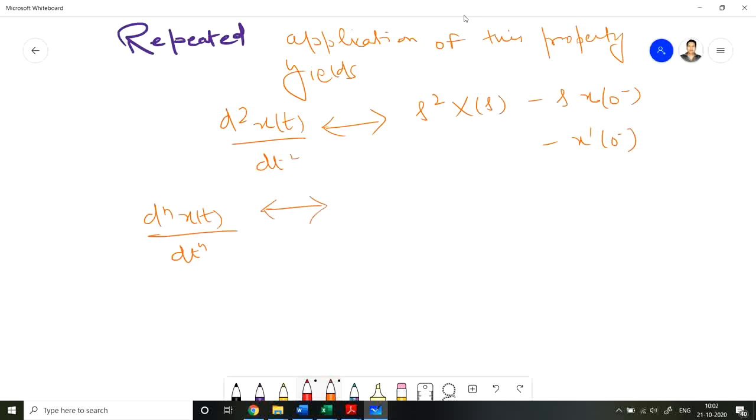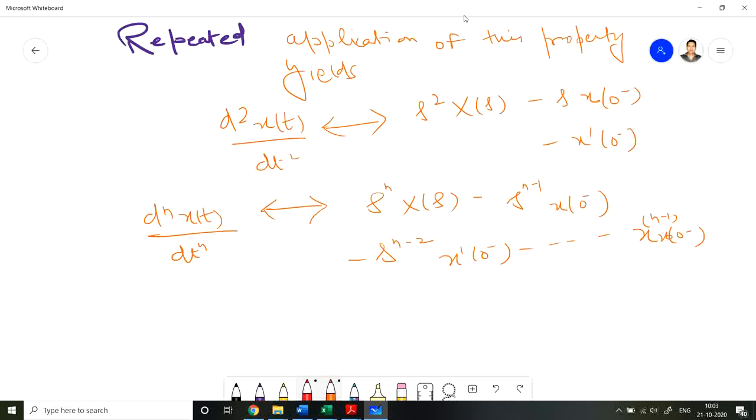If we find the nth order derivative, d^n x(t) by dt^n, then it is equal to s to the power n X(s) minus s to the power n minus 1 into x(0-) minus s to the power n minus 2 x dash (0-) and so on, minus x^(n-1)(0-), that is the n minus 1 derivative at 0-.